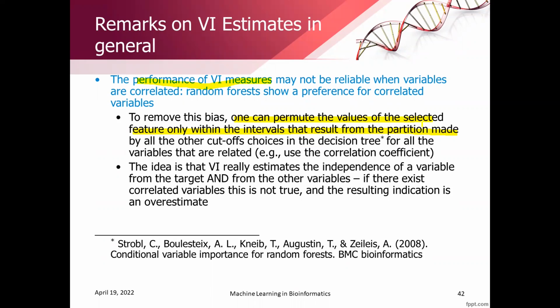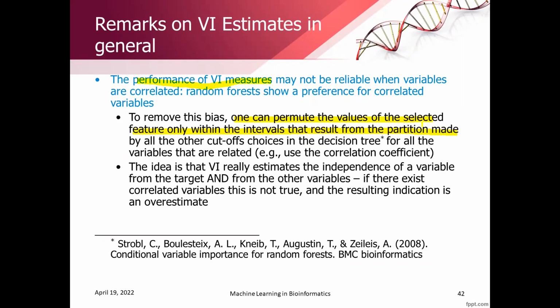But if we permute this and the output of the classification does not change, then for samples with these properties, this remaining, this third attribute was not important.